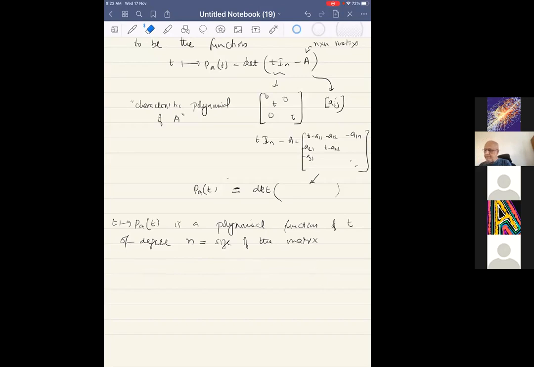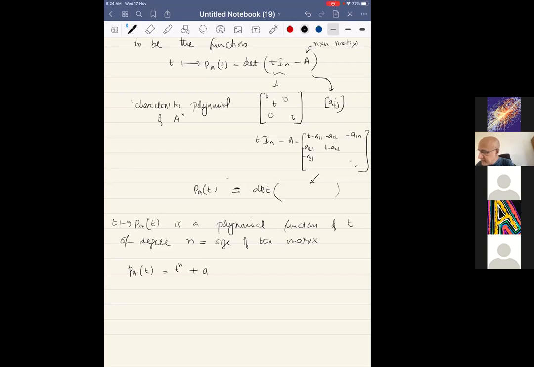This function of t, I'm going to prove in a minute, is not an arbitrary kind of function, but a polynomial function of degree n. More precisely, it is of this form. p_A(t) starts off with t to the n.